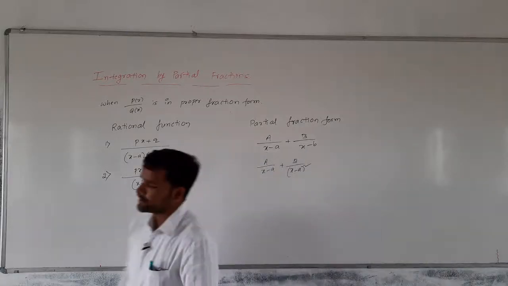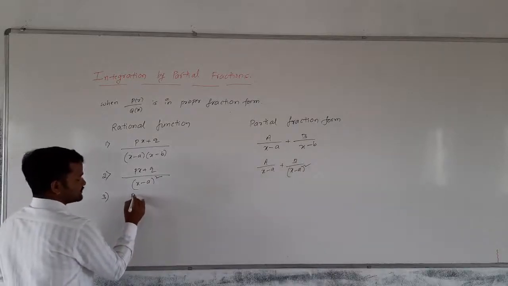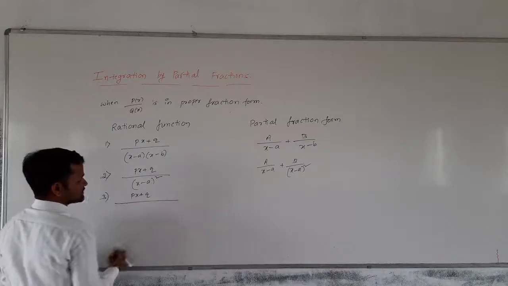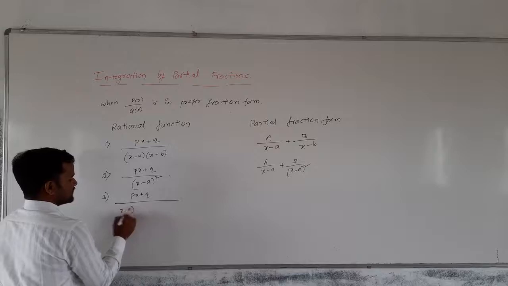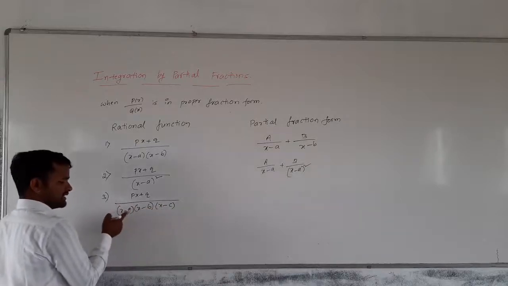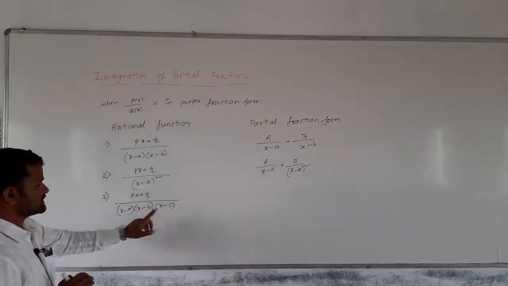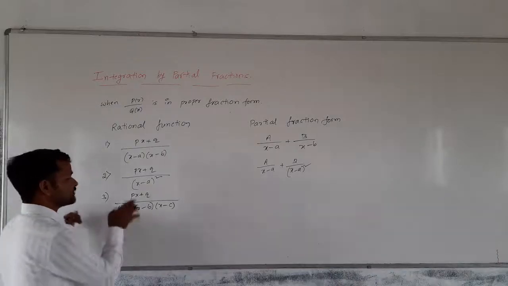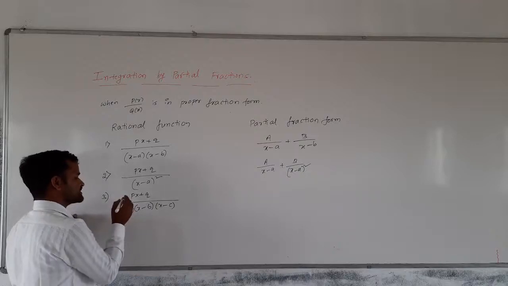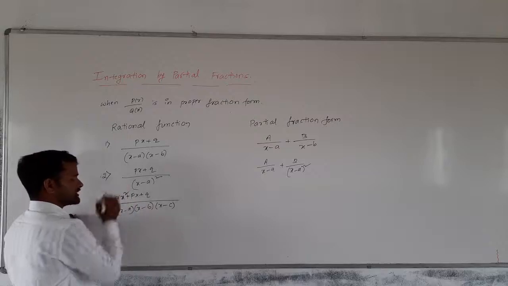Okay. Now coming to the third one. Px plus q divided by x minus a into x minus b into x minus c. Here you see denominator degree is 3. 3 times x into x into x, it will be x cube. And what are the possibilities in the numerator? Some value like r into x square.